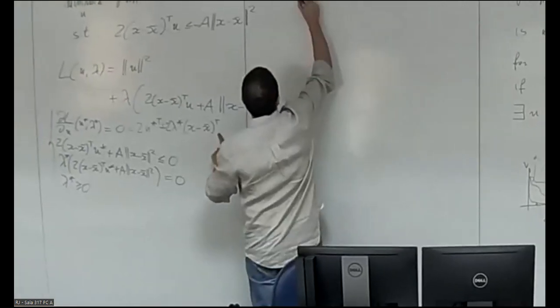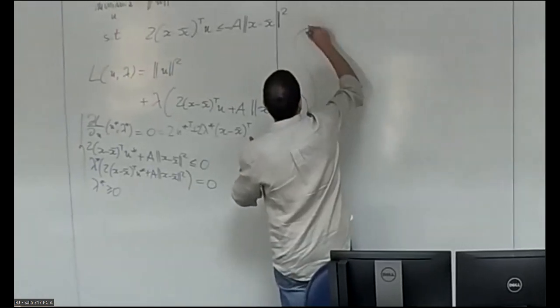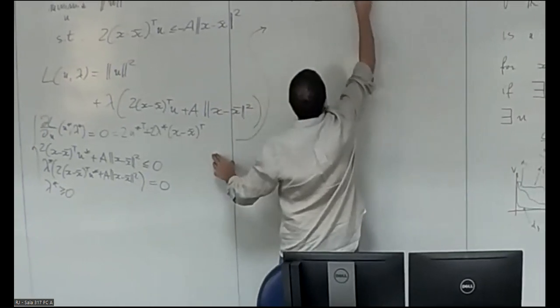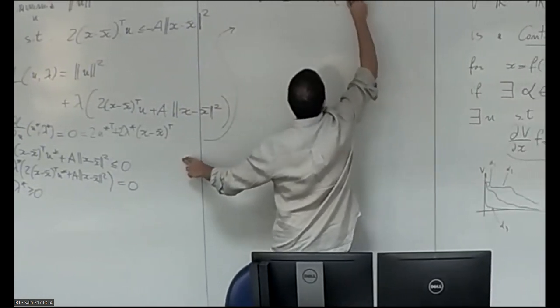From here we solve for u star, which is minus lambda star times x minus x bar.